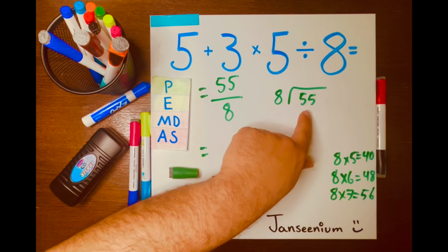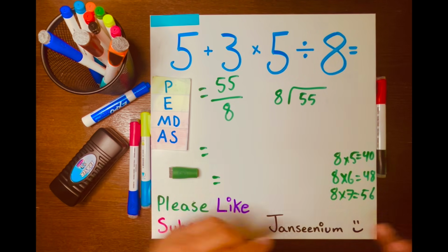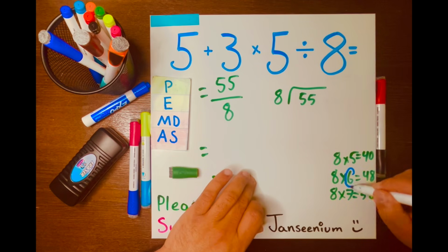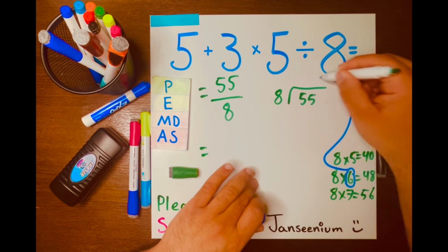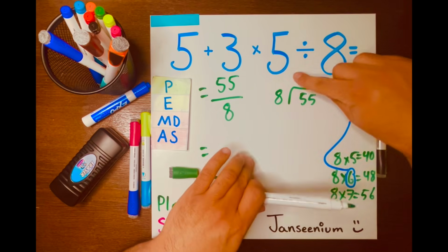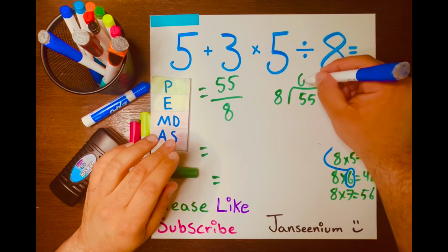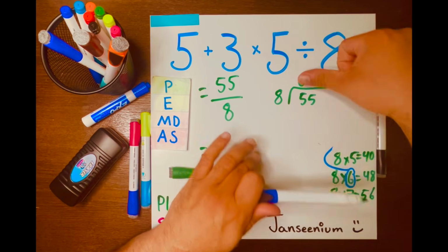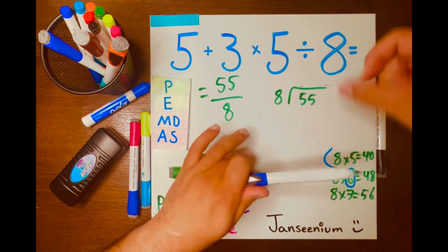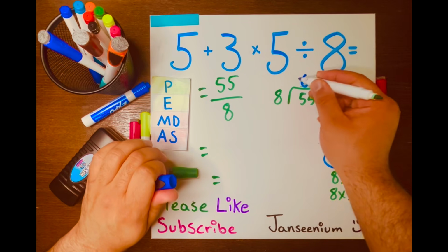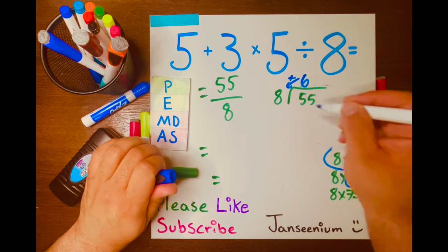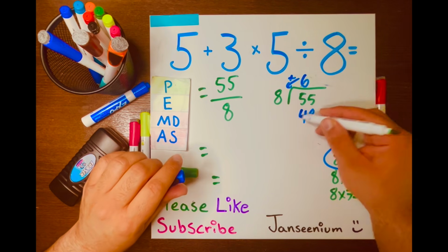So we went 1 over 55. So 6 is the number we'll add here. So I'll write 6 here, and then I'll change the color. So it'll be 6, and then we multiply 6 times 8, which is 48.